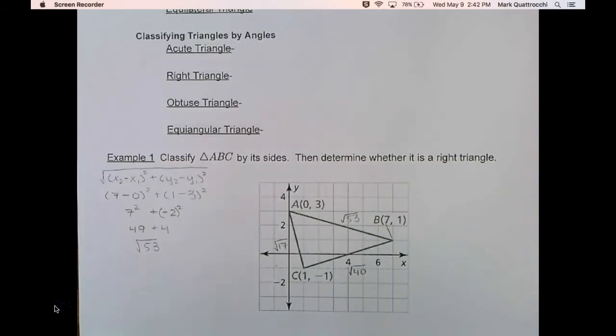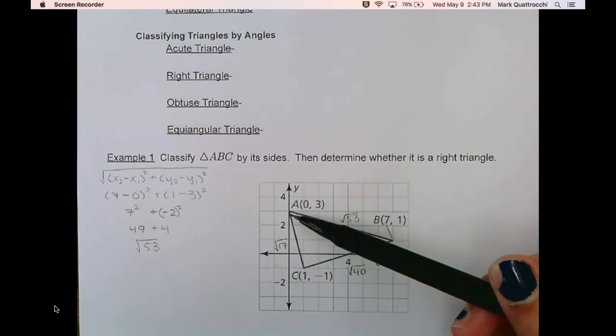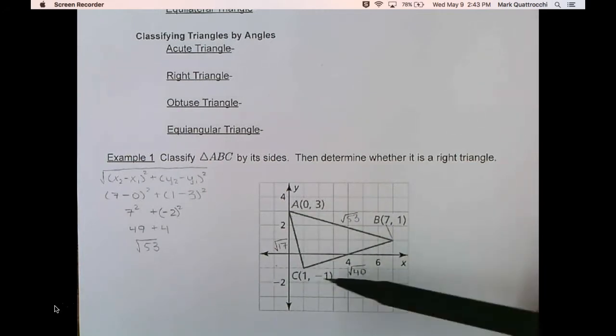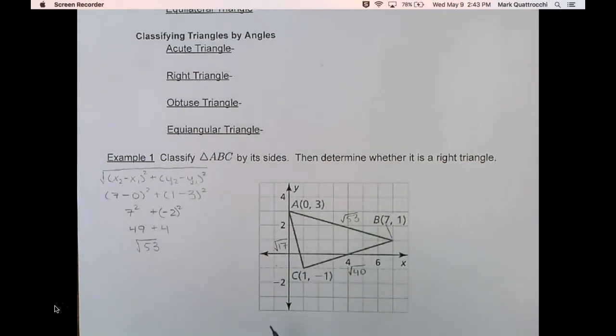So now we use the distance formula to find the lengths of these two segments, and we found that the length of AC is the square root of 17, and the length of BC is the square root of 40.